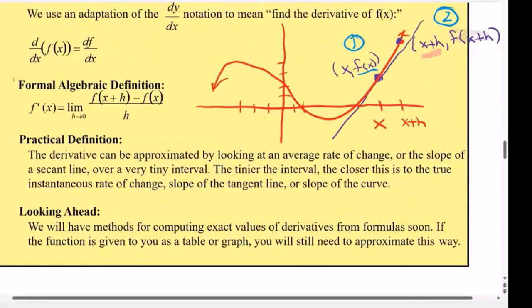The derivative can be approximated by looking at an average rate of change or the slope of the secant line. That's what I said here. This part right here is the average rate of change or the slope of the secant line.